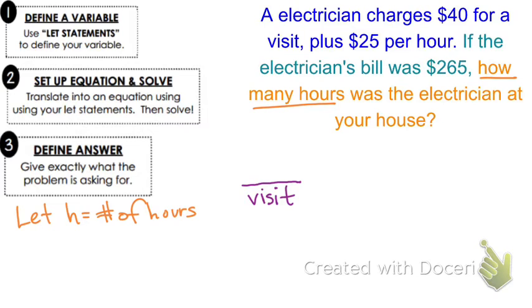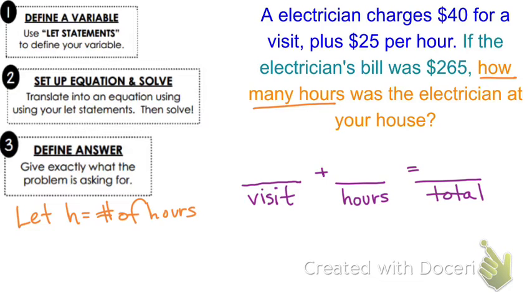And then they're going to charge me per hour, for however many hours that they're there. So the longer it takes to fix, the more they're going to charge me. So when you add those two numbers together, that is the total bill I'm going to get. So this is the structure, the skeleton of my equation.